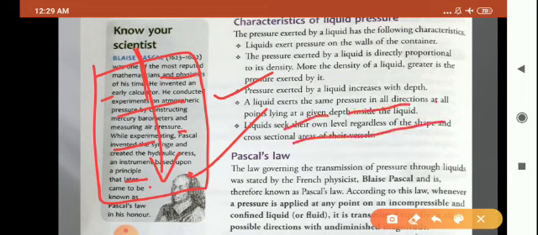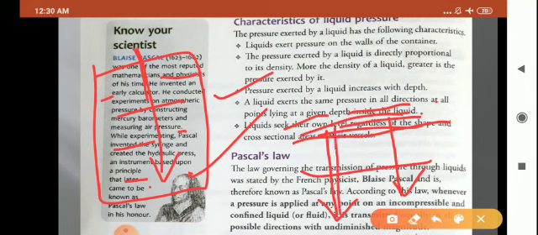Suppose this is the sea, so the deeper you go inside the sea, the more will be the pressure exerted by the liquid. Near the surface of the water, the pressure value will be less.